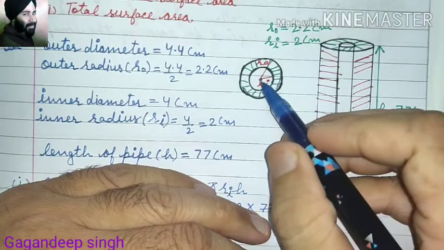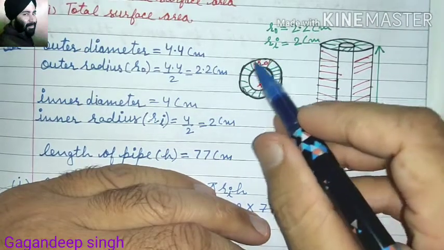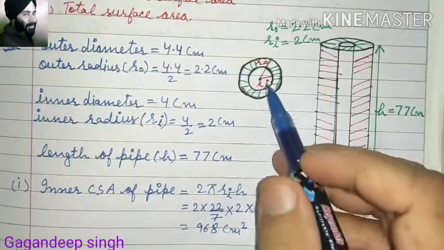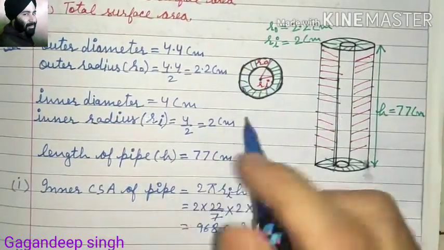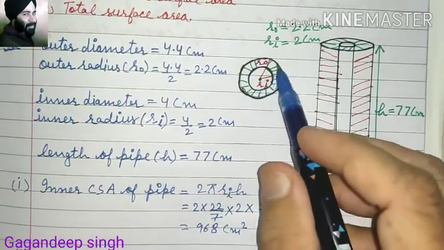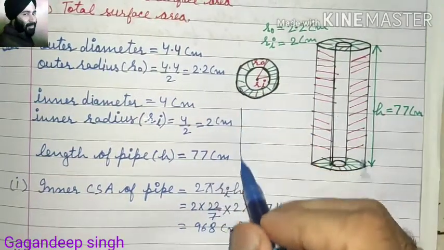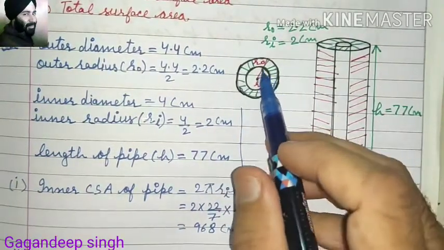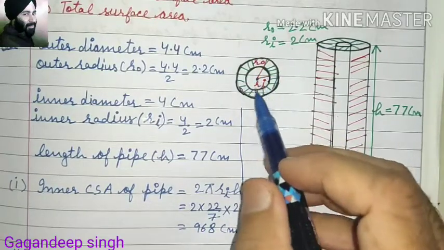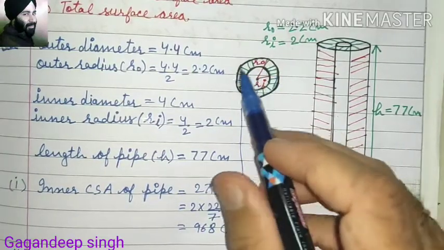We can see that in this figure 2 circles are there, inner circle and outer circle. To find the area of the ring, we have to subtract the area of the smaller circle from the area of the larger circle.